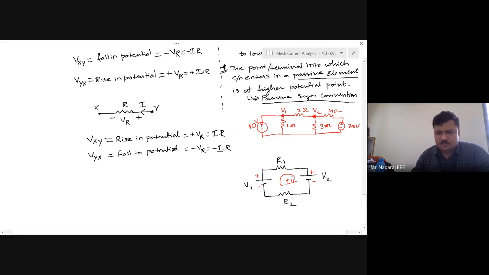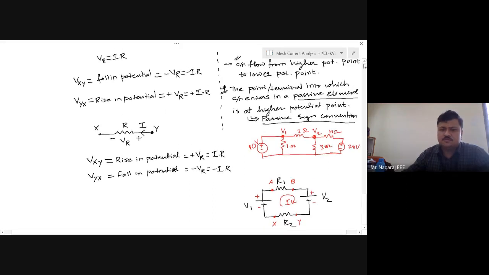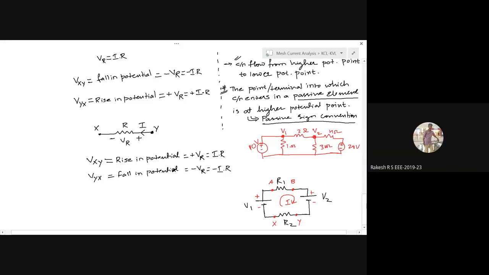Now with this direction of current, let me assign the polarities for R1. Let me take terminal A and terminal B, and here terminal X and terminal Y. What will be the polarity of terminal A of R1 with respect to the direction of current? A is plus.